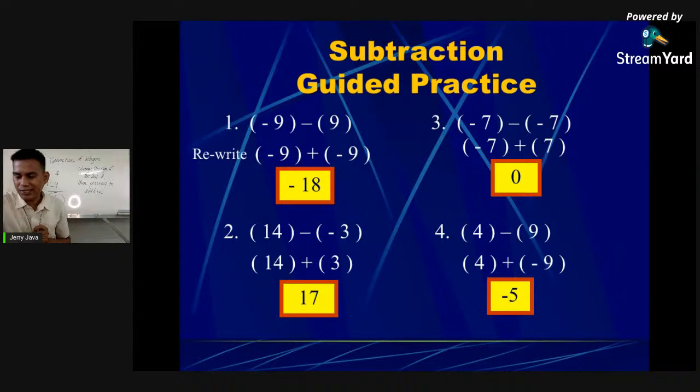Write your score, kids. 4 over 4, very good. Passing is 3. 3, passing, very good. Now you're learning. Now let's proceed to multiplication and division.